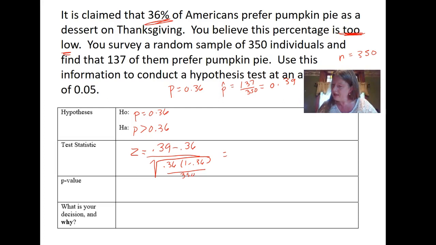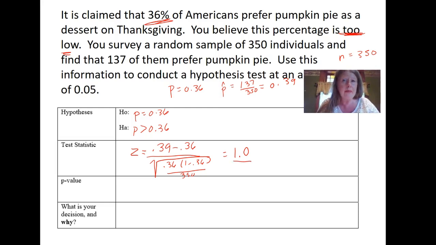And again, when I figured this out, I rounded a bit along the way, so I got approximately 1.0 as my test statistic. If you got something a little different, that's okay, as long as it's close to 1 and you were plugging things in the right way into the formula. If you're getting something way different from 1, let me know so I can try to identify what's going wrong.